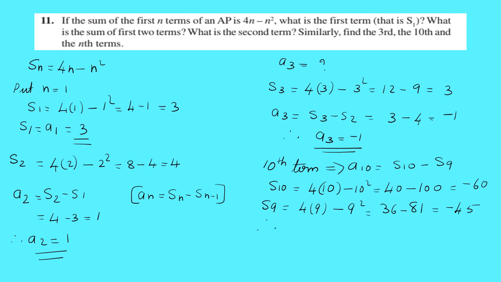Therefore, A10 equal to S10, that is minus 60 minus S9, that is minus 45, that is minus 60 plus 45, that is equal to minus 15. Therefore, A10 equal to minus 15.